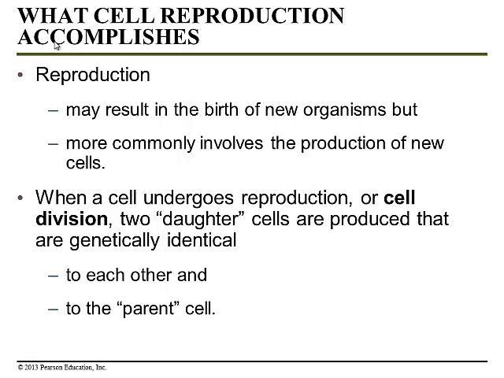So when a cell undergoes reproduction or cell division, we're going to see two identical cells. We're basically going to clone a cell. That process is going to give us genetically identical cells, and that you're doing now. What kind of cells are you replacing right now? Skin cells. That's a big one, right?